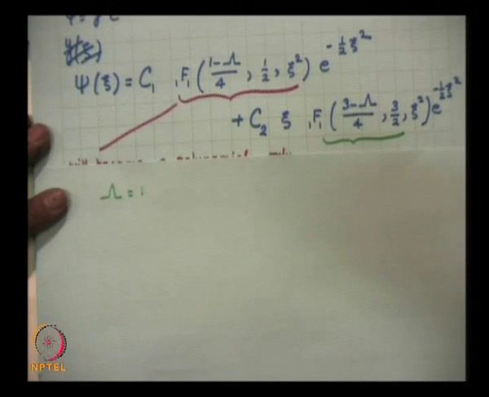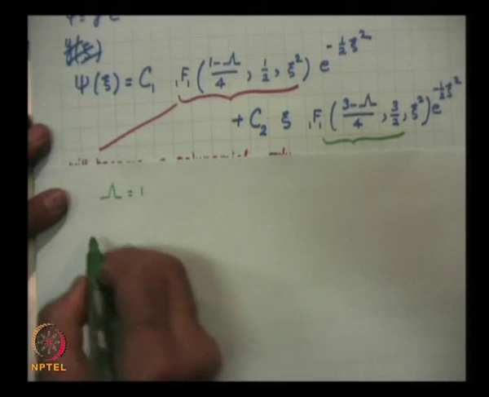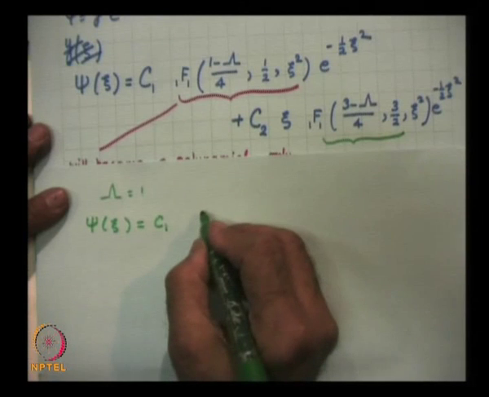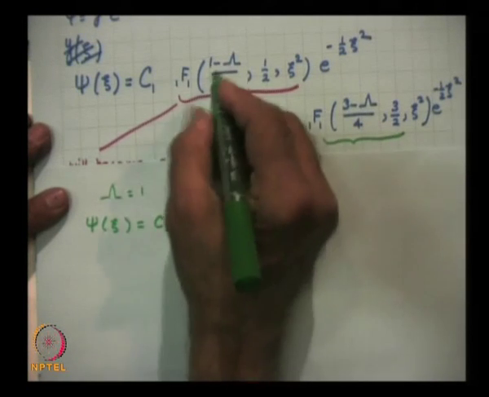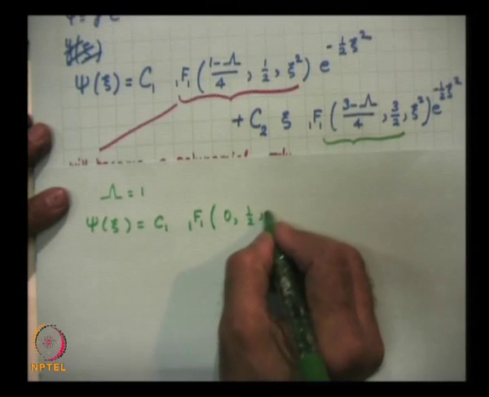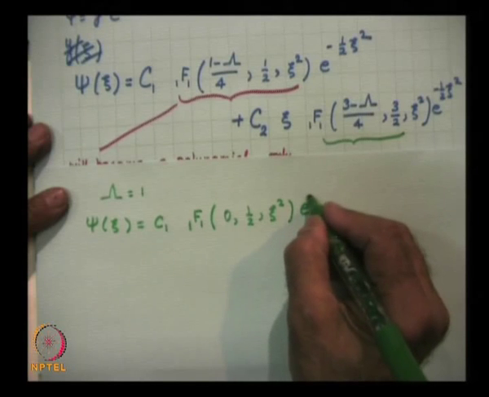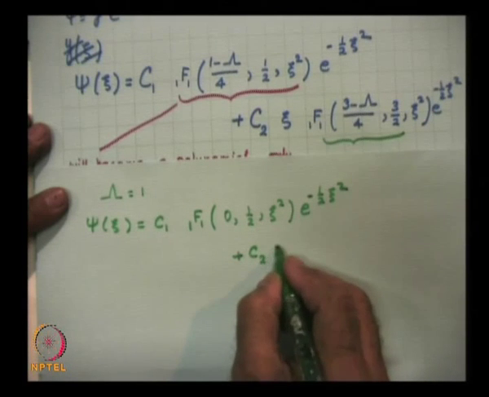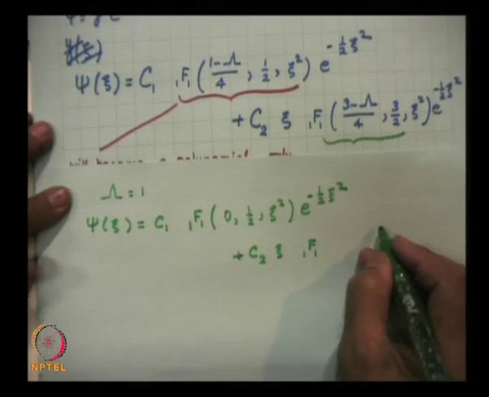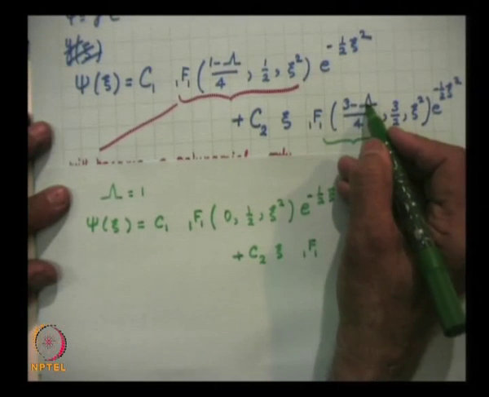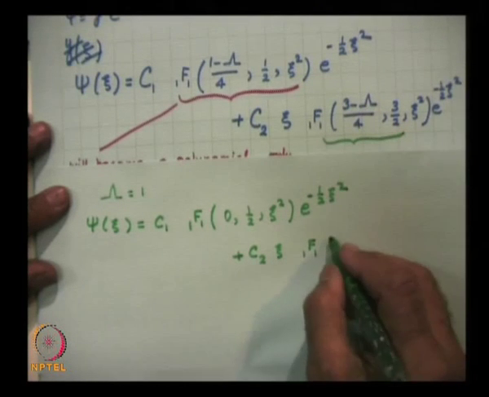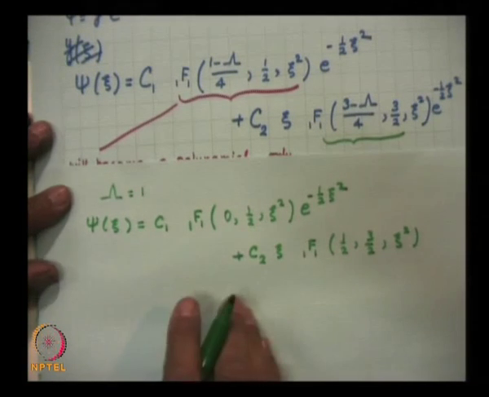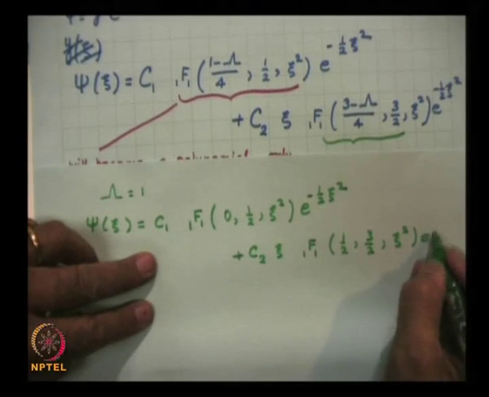If lambda is 1, then psi, the general solution of the Schrodinger equation, psi of xi becomes C1 F11 0, half, xi square, e to the power of minus half xi square, plus there can be another solution C2 xi F11 3 minus 1, that is 2 by 4, that is half, 3 by 2, xi square, into e to the power of minus half xi square.